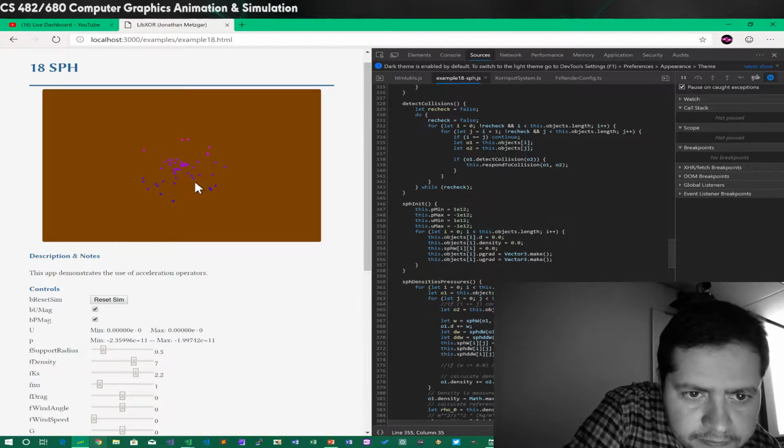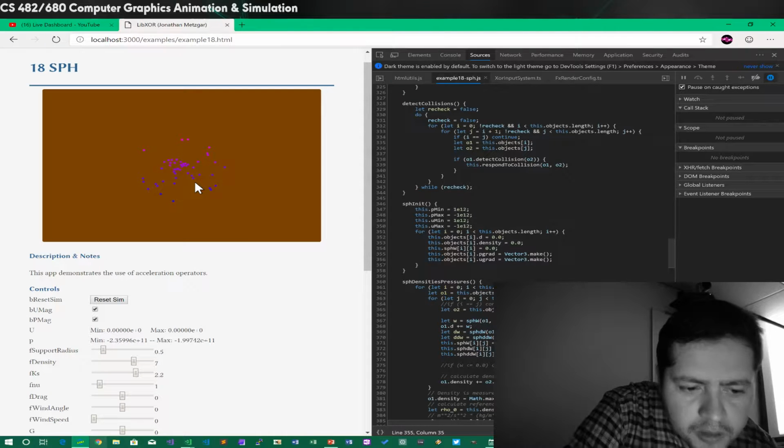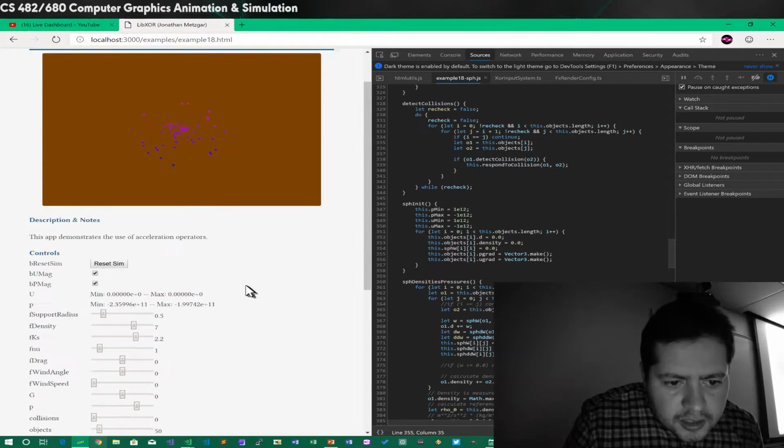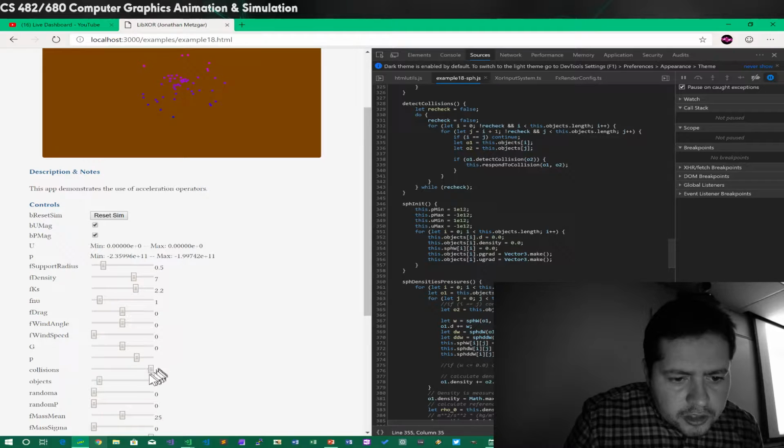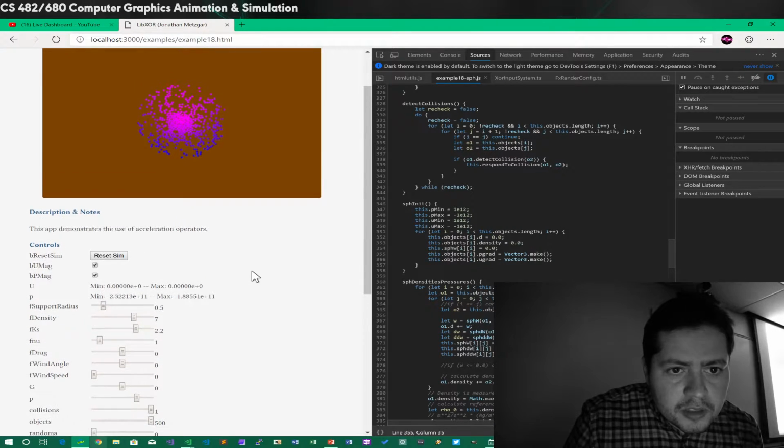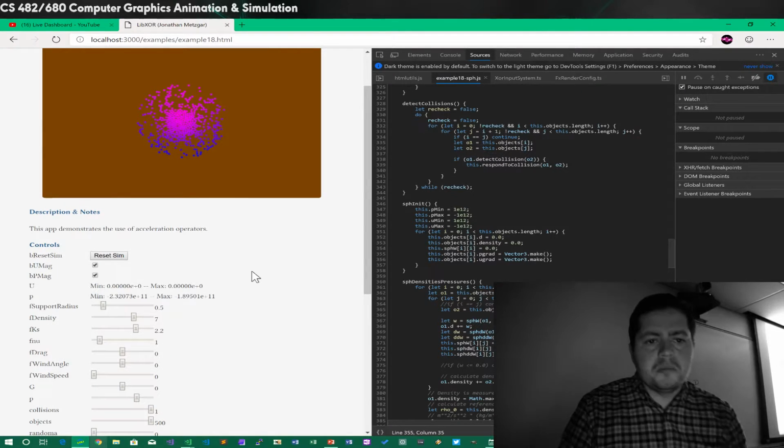I can't tell. Kind of looks like they're dancing a little bit. Oh, yeah. Let's turn on collisions. Put a lot of them. They might be moving.